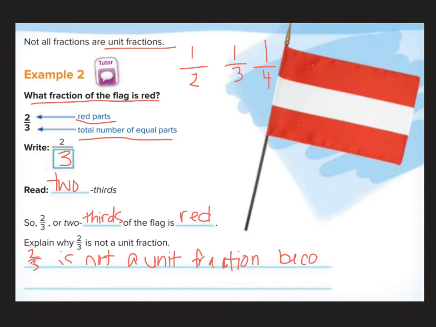Because the numerator is 2. And in order to be a unit fraction, it needs to be 1. Okay, let's go to the next page here.